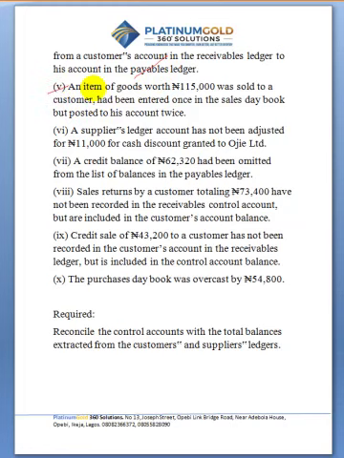Point 4. An item of goods worth 115 was sold to a customer, had been entered once in the sales day book, but posted to his account twice. So we are going to remove 1.